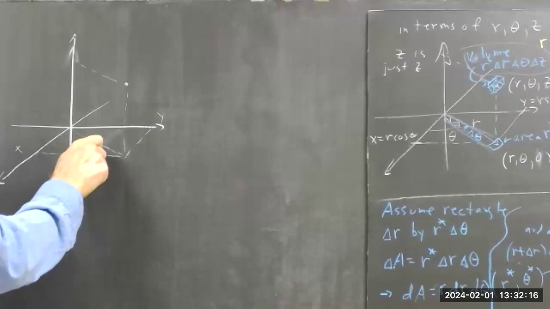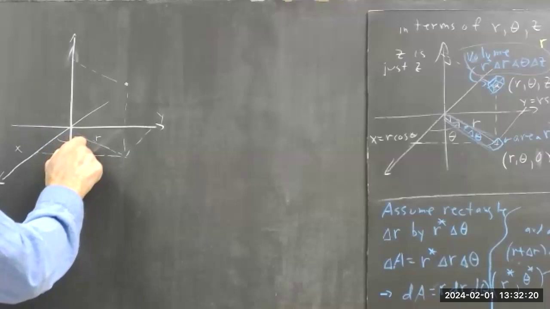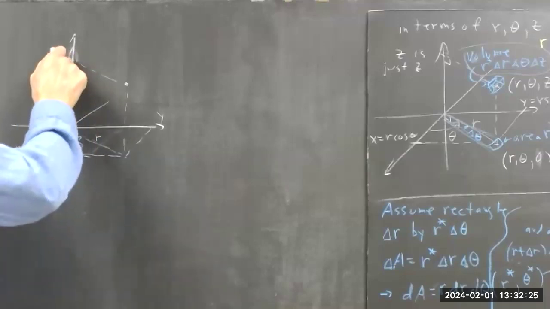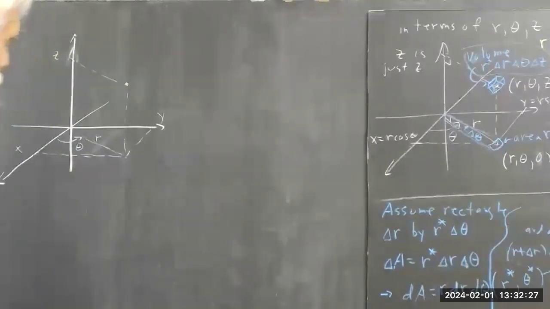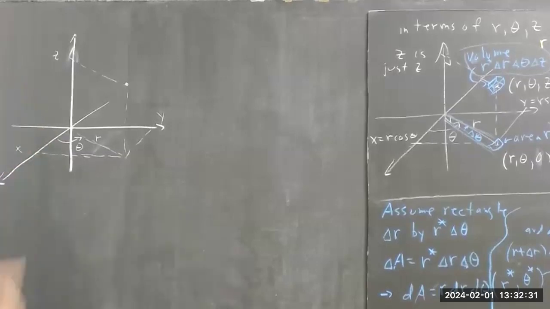So I could easily get R, or you got R here. Then you got theta. And you got Z. Then you can go from rectangular to cylindrical, or cylindrical to rectangular, but now we want to go to spherical.